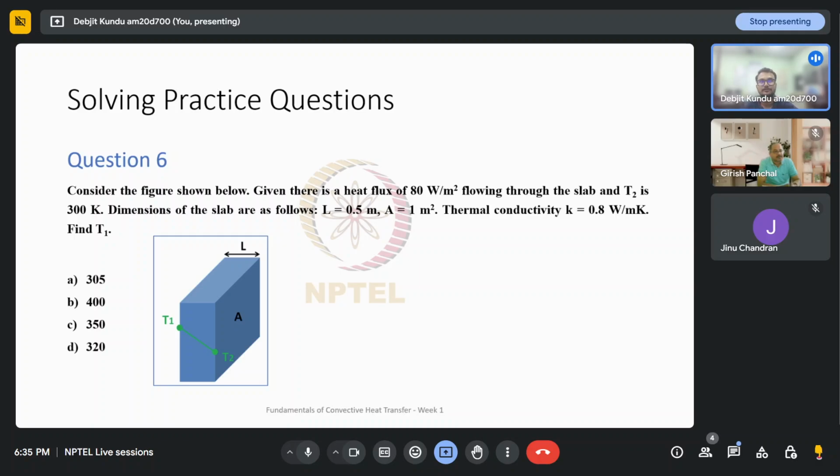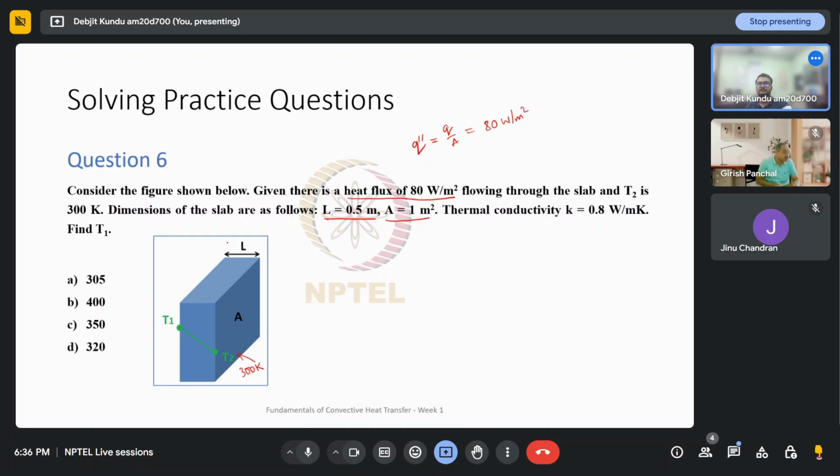Now this is a numerical type question. It is asking us to consider the figure shown below, and given that there is a heat flux of 80 watt per meter square. So heat flux is rate of heat transfer per unit area, Q by A, and that is given as 80 watt per meter square flowing through the slab, and T2 is at 300 K. So this T2 is at 300 Kelvin, and dimensions of the slab are so L equal to 0.5 meter.